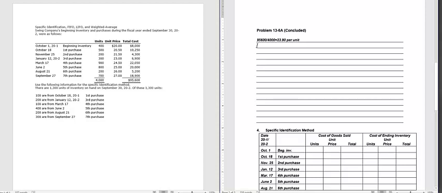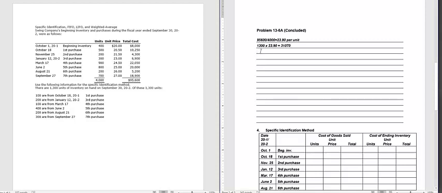Okay, so let's figure out how much 1,300 units cost. So if I take the ending inventory figure of 1,300 units and multiply that times $23.90, that means that my ending inventory under weighted average is 31,070.